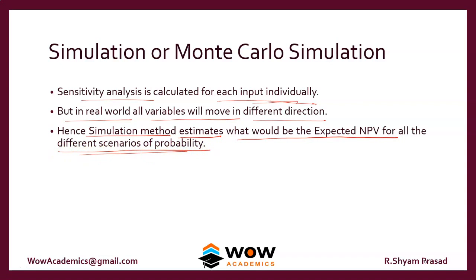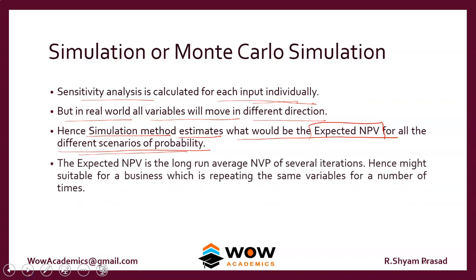So this method takes all the iterations and all the movement of each variable in the NPV analysis, and it tries to tell when we consider all the movement of all the variables in the NPV analysis, what would be the average expected NPV. So it would tell you the expected NPV.